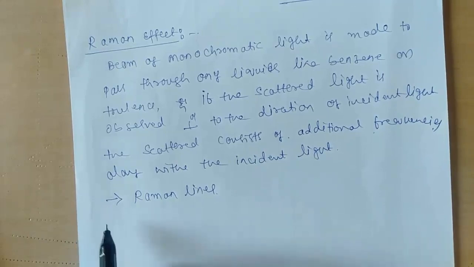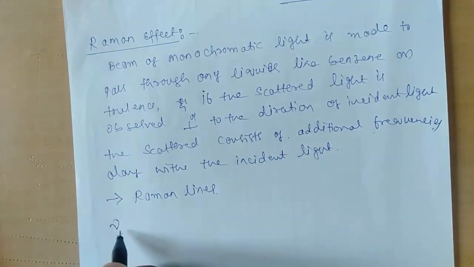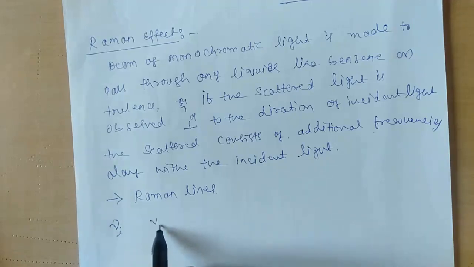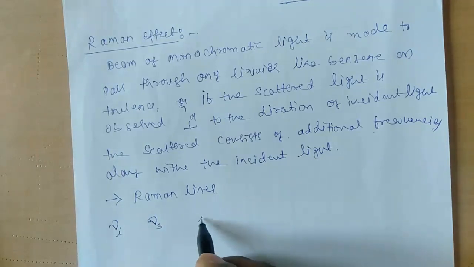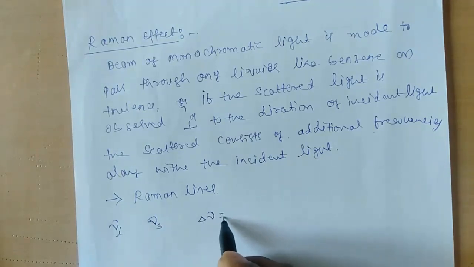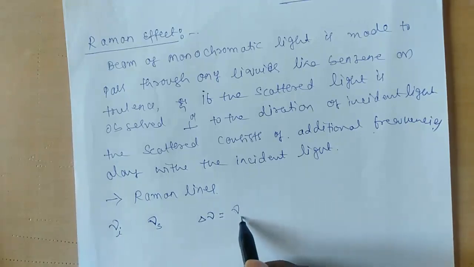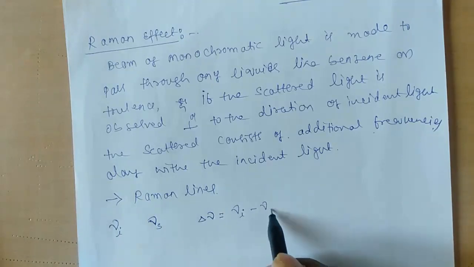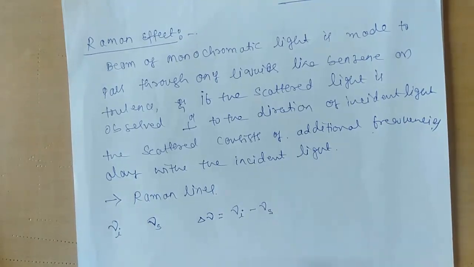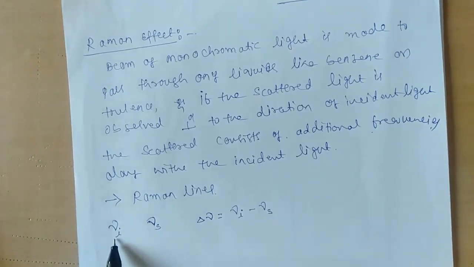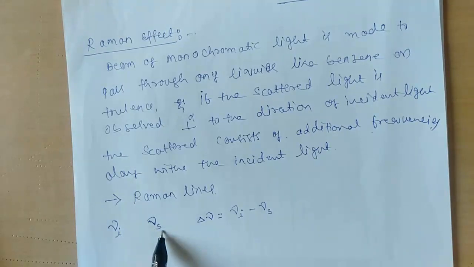If nu I is the frequency of the incident radiation and nu S is the frequency of the scattered radiation, then the change in frequency between the incident and scattered radiation can be written as delta nu equals nu I minus nu S. Nu I is the frequency of the incident light and nu S is the frequency of the scattered light.